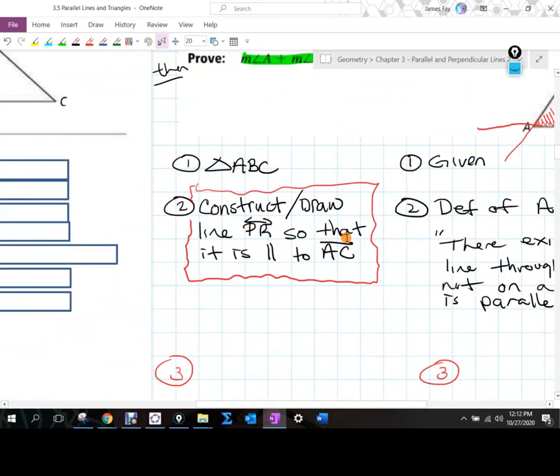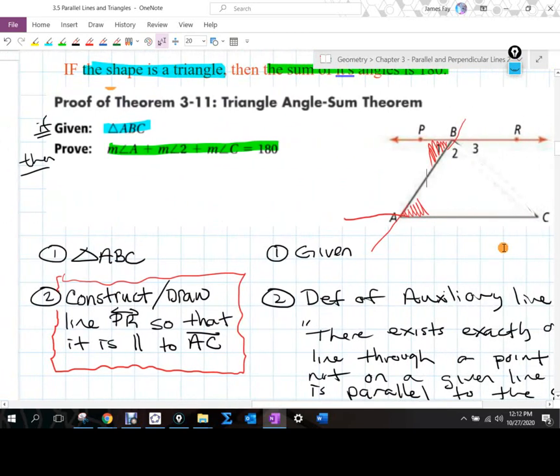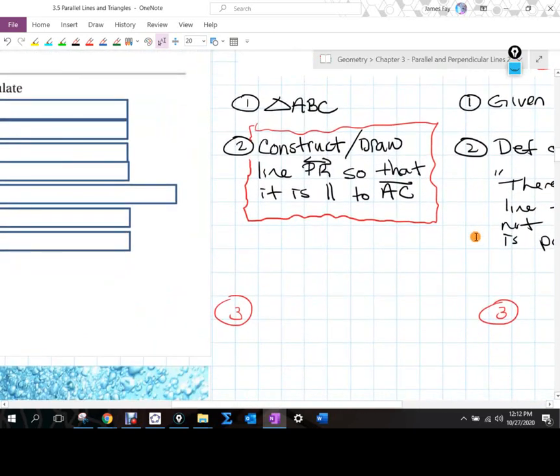So that was angle A and angle 1, right? So let's say angle A is congruent to angle 1.